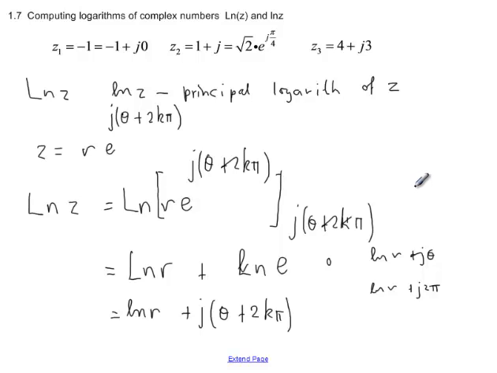Do you understand what I'm saying? I'm saying if I use small letter ln of z, I'm talking about this principal logarithm of z. And this is unique.